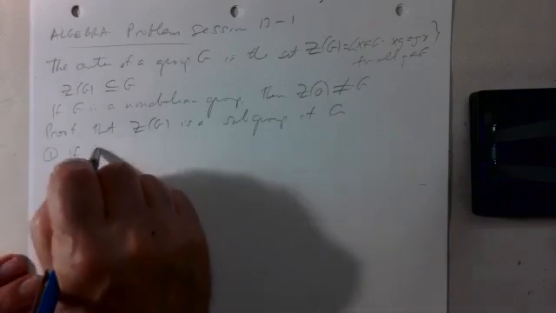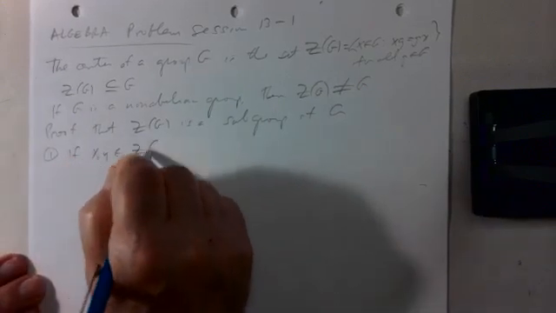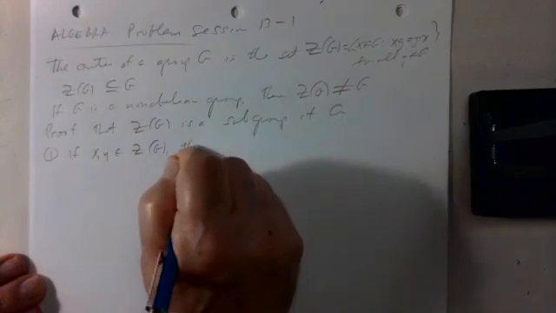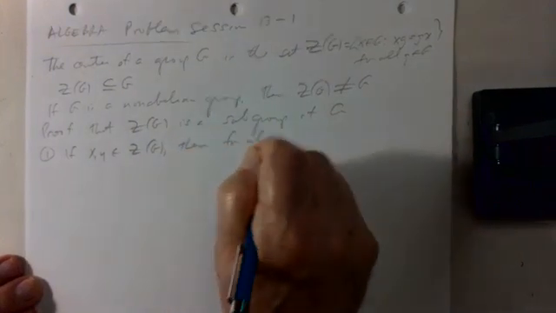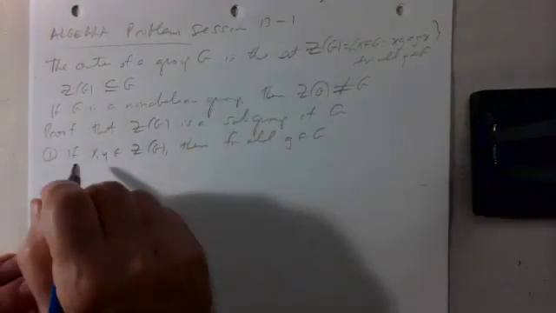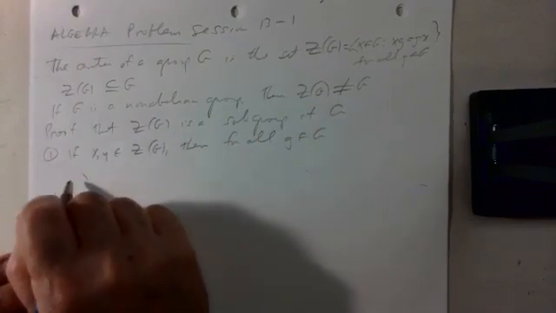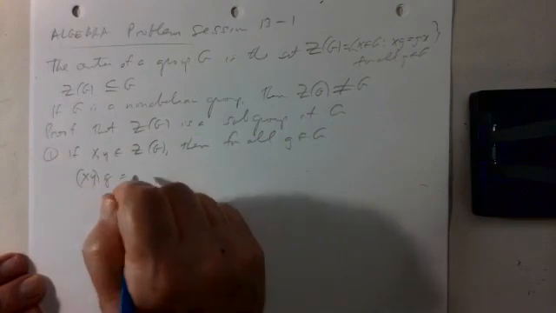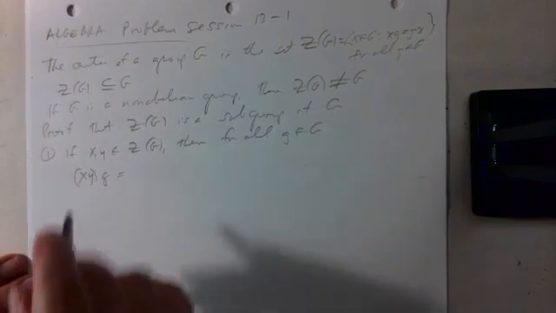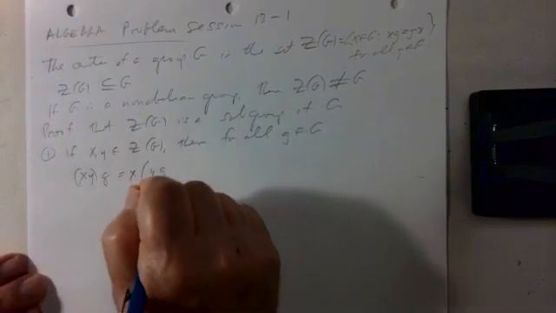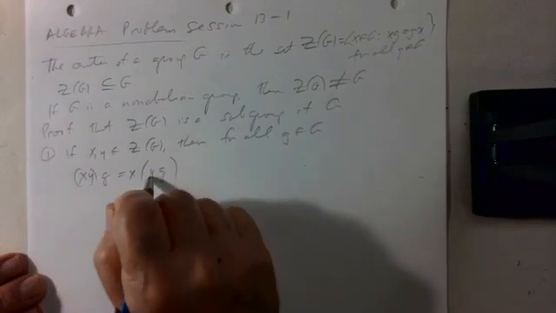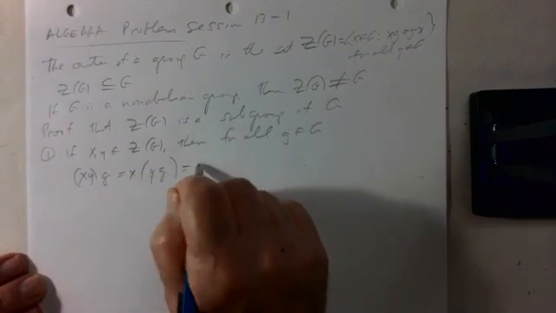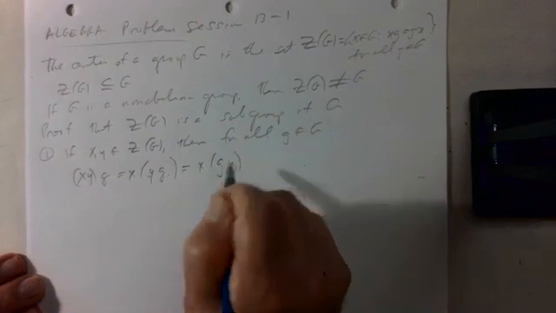So let's see, what do we have to prove? If X and Y are in Z of G, then what can we say? For all G in the group, if we take XY times G, we're just using associativity, this is X times YG, but Y is in the center. So YG is the same as GY.